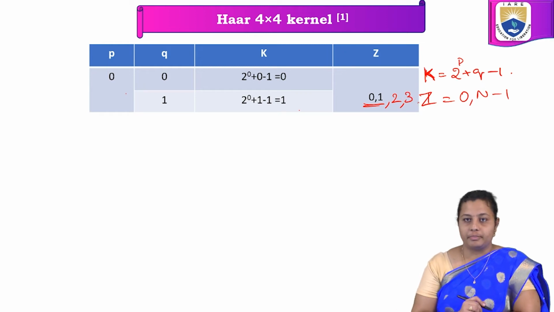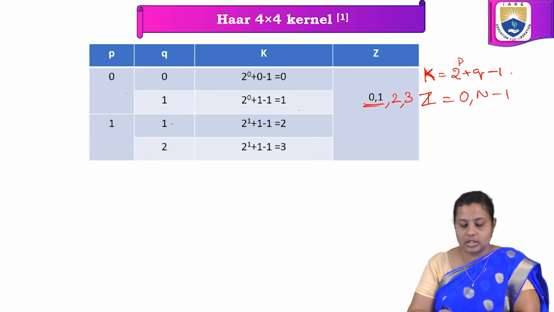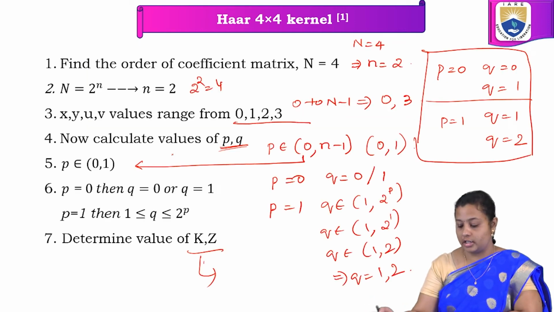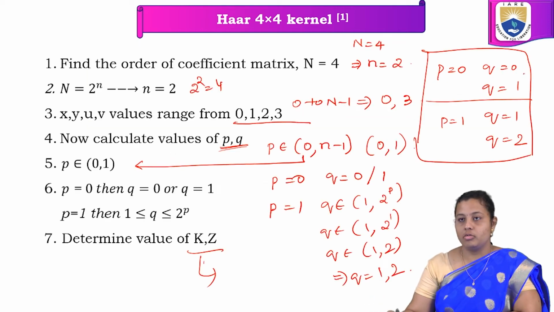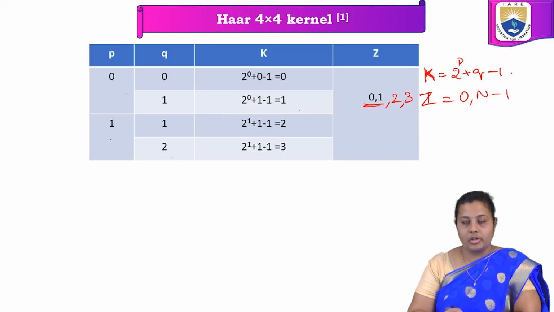Right. Now let's go for when P is equal to 1. When P equal to 1, Q value is either 1 or 2, like how we have written in our previous slide here. When P is equal to 0, Q is equal to 0 or 1. When P is equal to 1, Q is equal to 1 and 2. Right? So when P is equal to 1, Q value is either 1 or 2. Right?